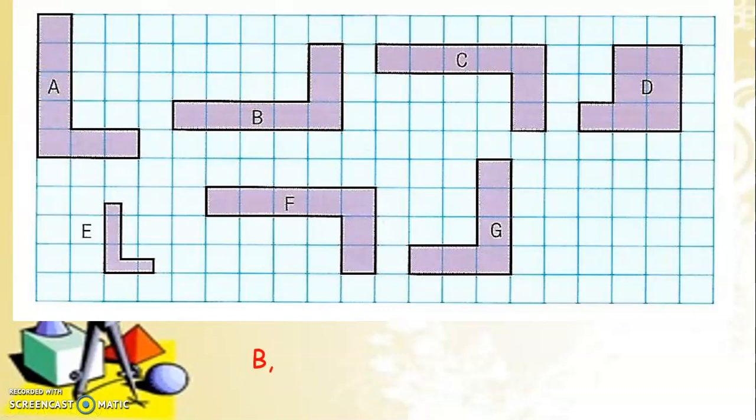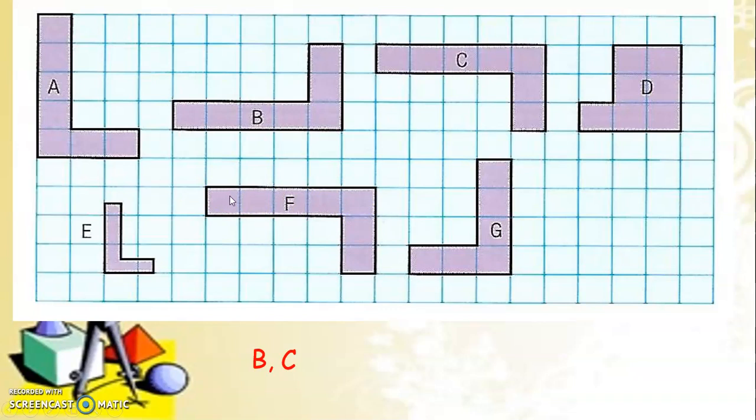shape A. Let us see which other one is congruent to shape A. Shape C is also congruent to shape A because it also has 5 squares on this side and 3 squares on this side. So we can say that C also is congruent to shape A. Next, F looks like the same as shape A, but let us check it.